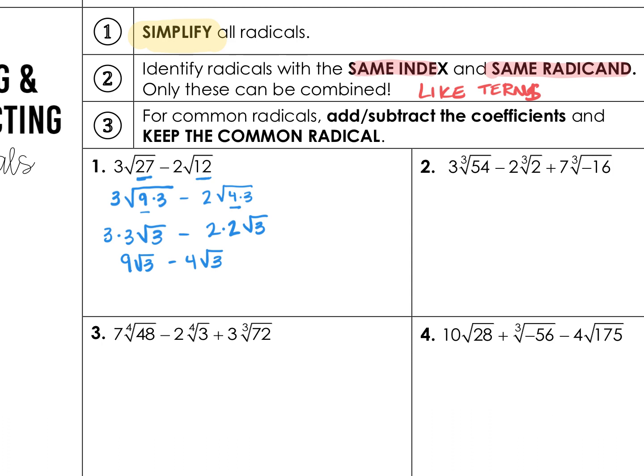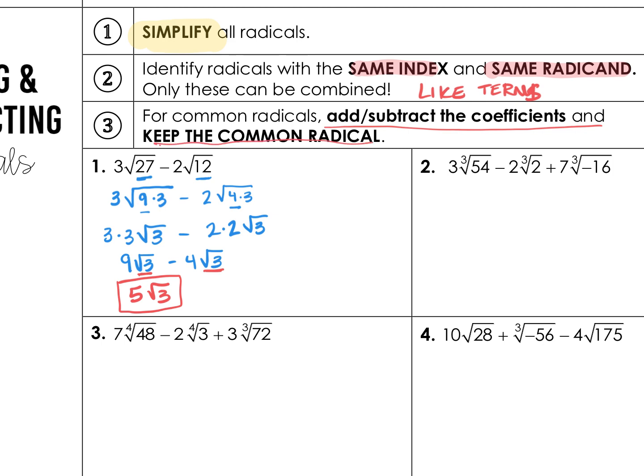So, since these are both square roots of 3, we can combine them. We can just do the 9 minus 4, which is 5 square roots of 3.